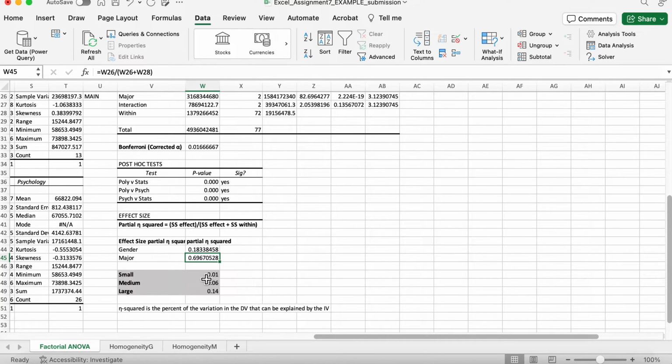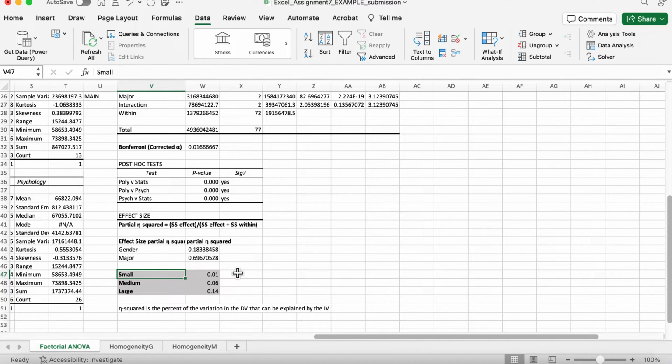But these are general effect sizes, okay? So in Cohen's D, it's a general effect size. For this, in higher level stats, one thing you have to remember is that you're going to find different effect sizes depending on the study.